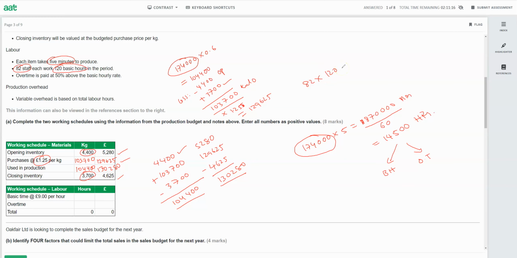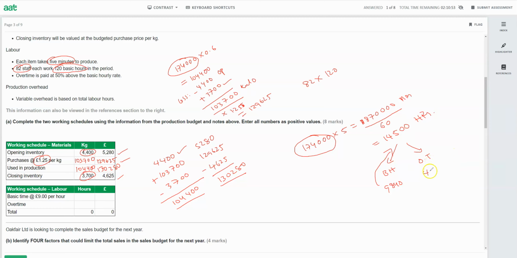So 82 multiply 120, and that gives me 9,840 hours as our basic.